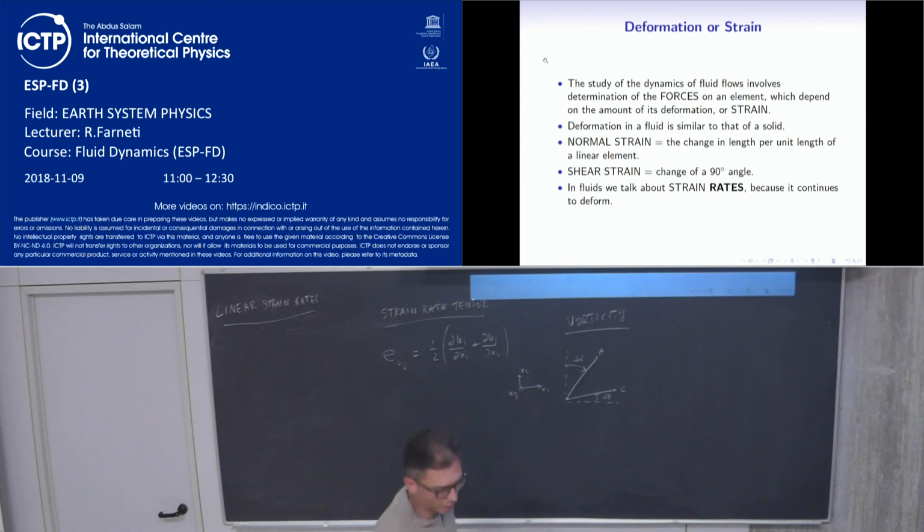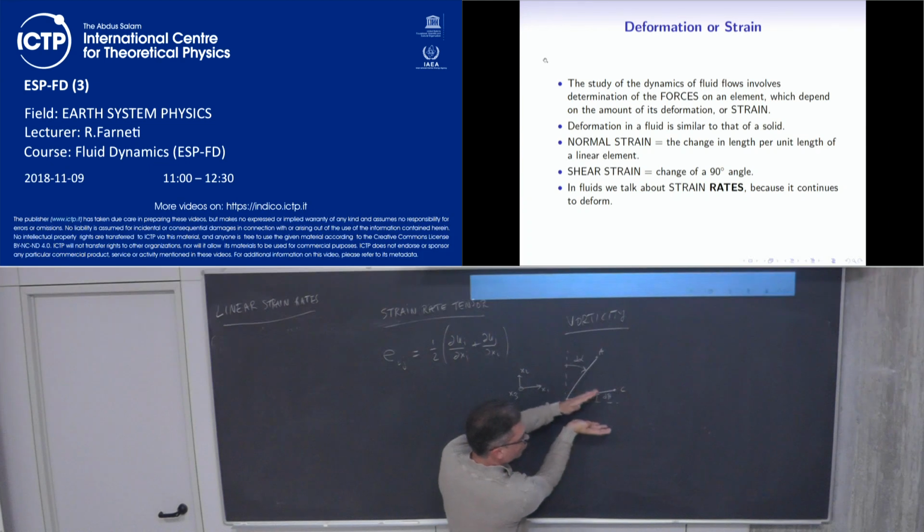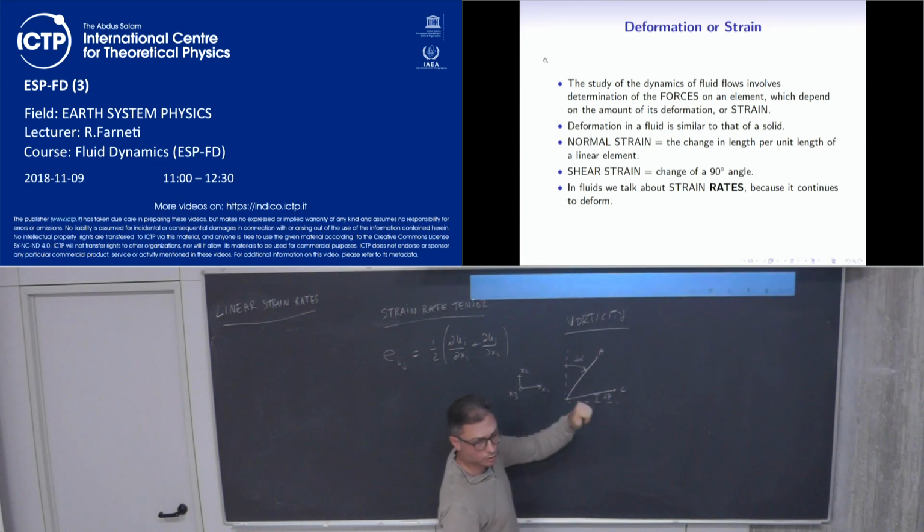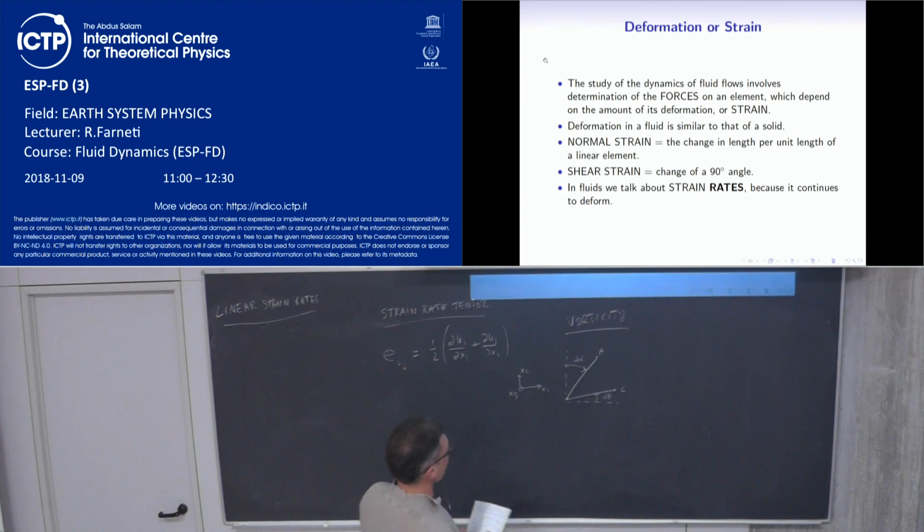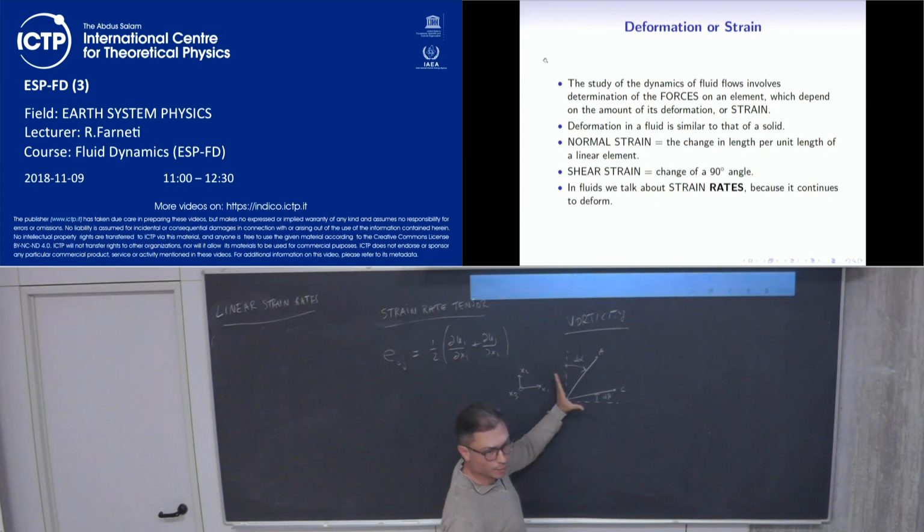Okay, so we want to see how this element of fluid might be rotating around the axis x3, which is usually what we care about in geophysical fluids: the rotation of an element of fluid around the vertical axis. That's usually the most important thing. Okay, so the axis 3 is out of the board, and we want to see if this element of fluid is acquiring some rotation because of the shear strain rates. It might not start to rotate, but it might.